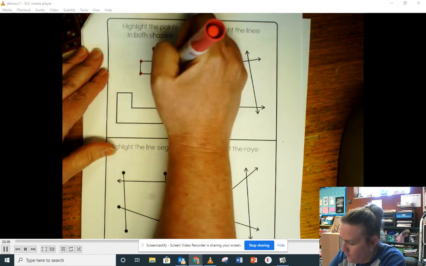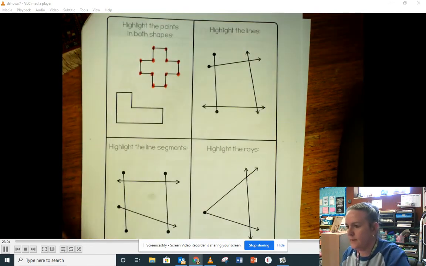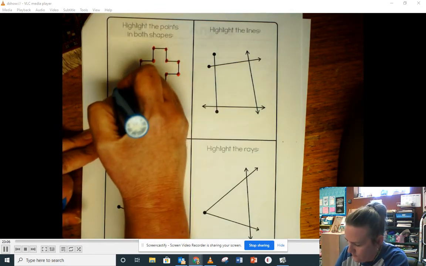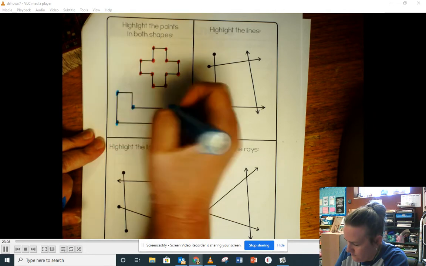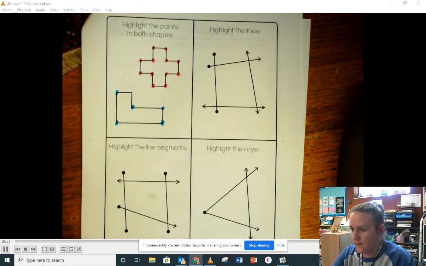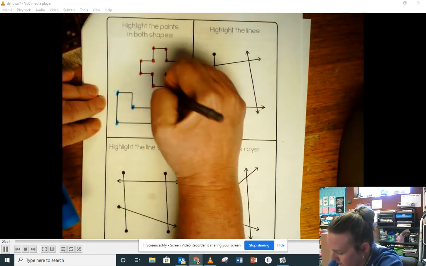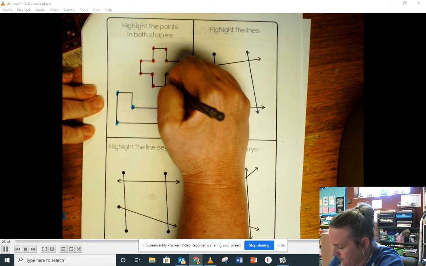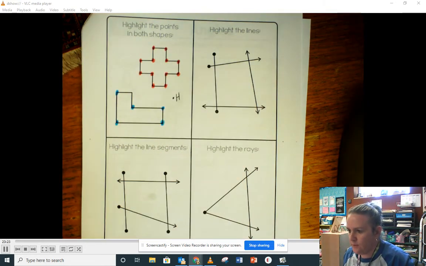And remember, you can use any color that you want. And really, I could put a point anywhere. A point is just a single place, and they're usually labeled with a letter.